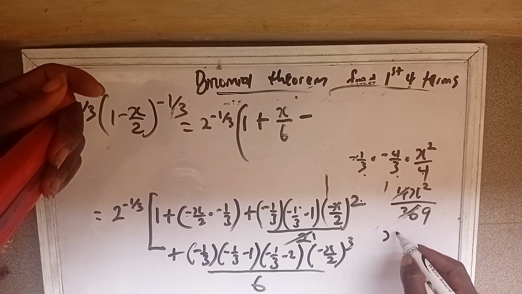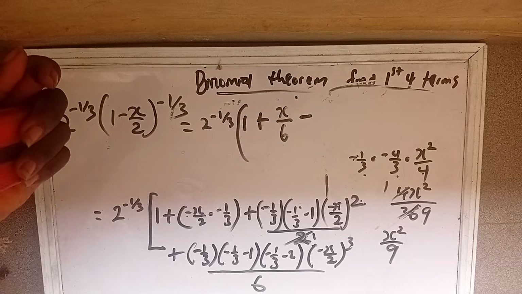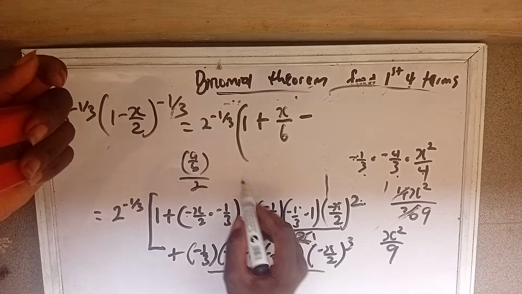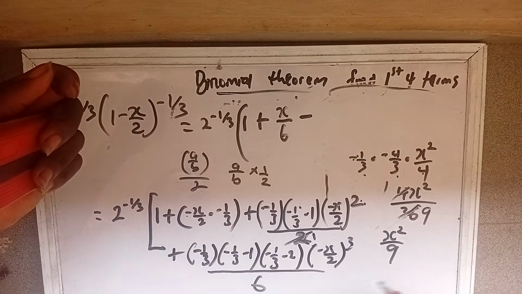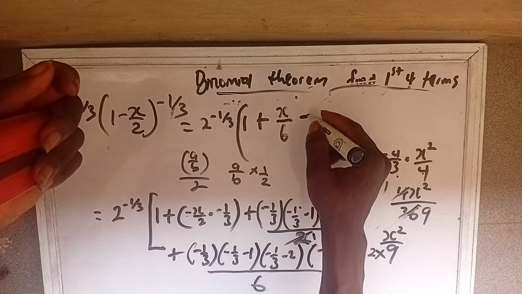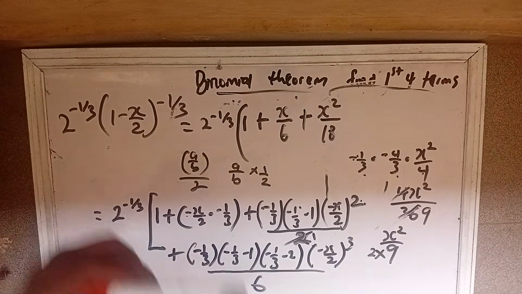So this guy becomes x squared over 9. But there is over 2 at the denominator. So if I say a over b divided by 2, it is the same thing as a over b times 1 over 2, which is a over 2b. So these two will multiply this now. That's x squared over 18. It's positive, plus x squared over 18.